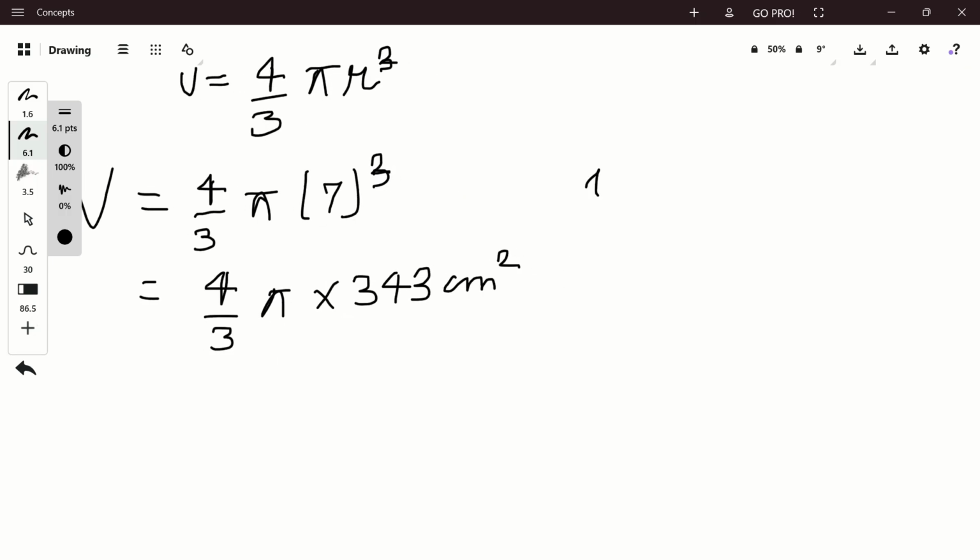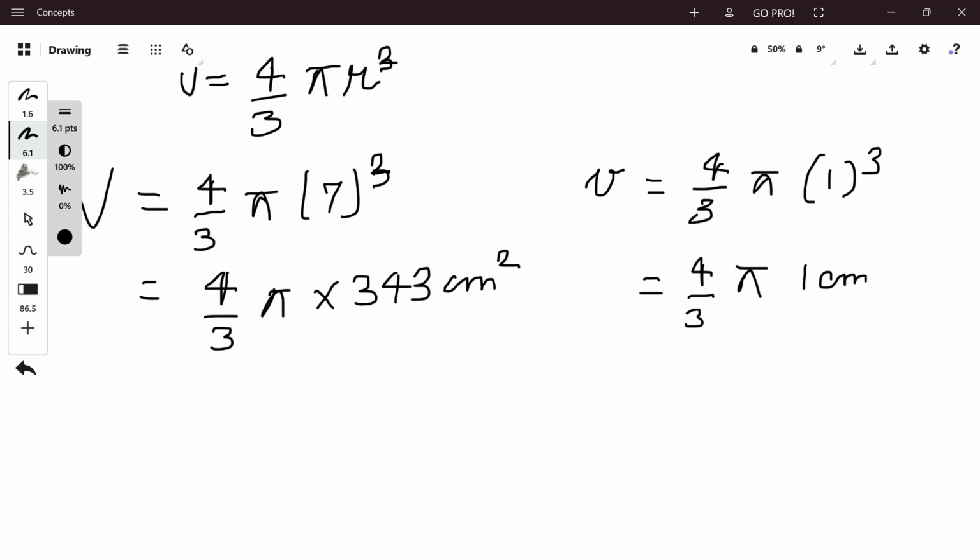The volume of the smaller sphere with radius 1 centimeter is equal to 4 by 3 pi r cube, which is equal to 4 by 3 pi into 1 centimeter cube.